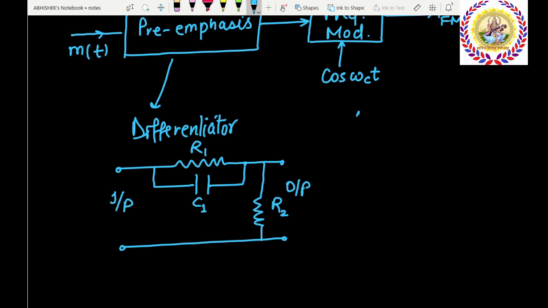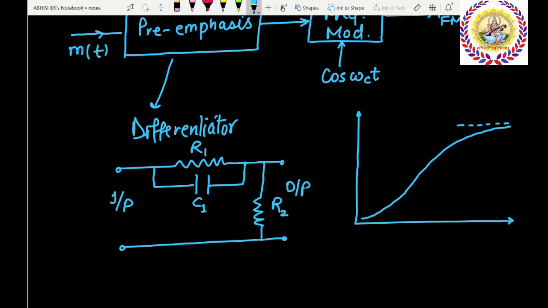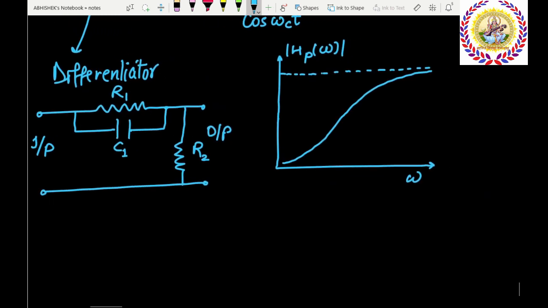The magnitude transfer function for this preemphasis circuit is given as this, mod of HP omega, which is the magnitude of the frequency response.